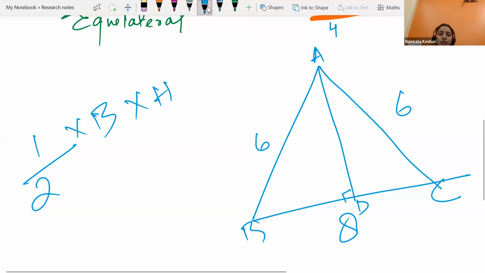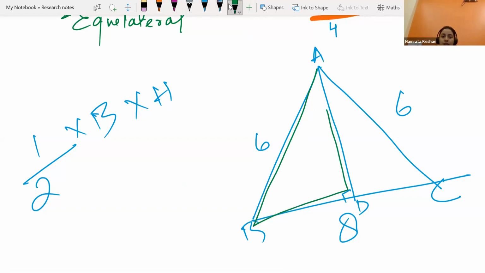Now all of a sudden you notice that you have a right angle triangle over here. Maybe by Pythagoras theorem you will be able to find the height, but then you realize that you don't know BD. Then you take a pause.